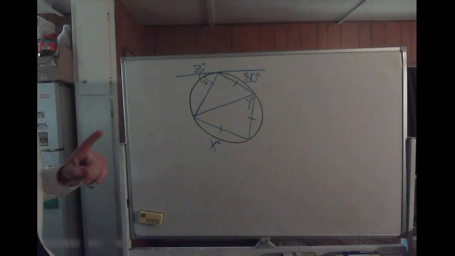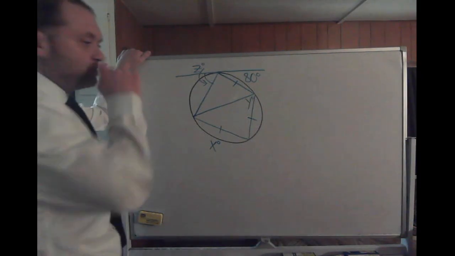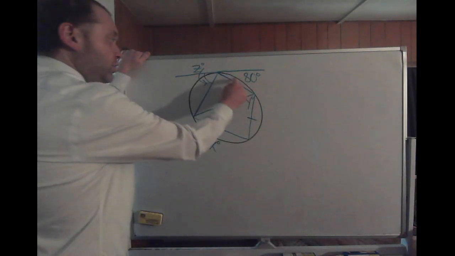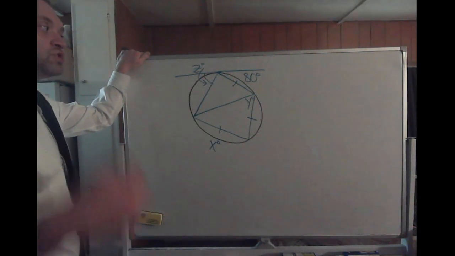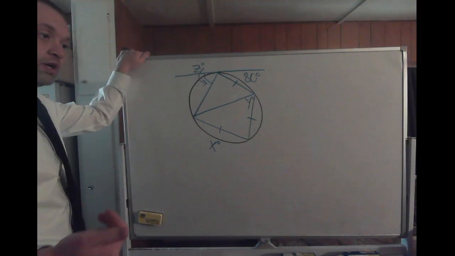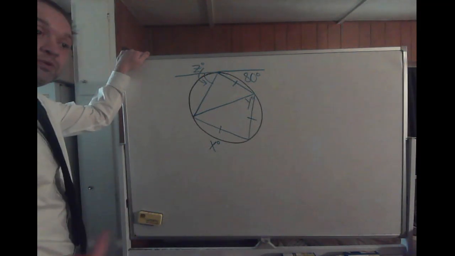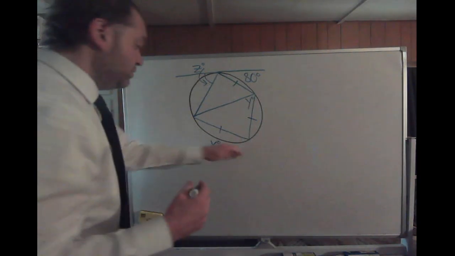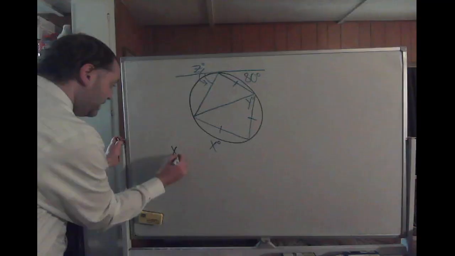Let me explain. If you remember yesterday's lesson when we talked about arcs and chords, we have three congruent chords, right? So what does that mean? That means if you have congruent chords, the arcs they intercept are also congruent. So in that case, x would also equal 80 degrees.